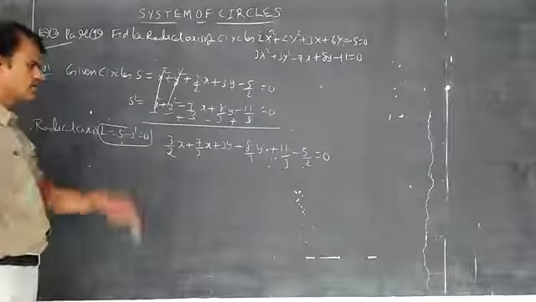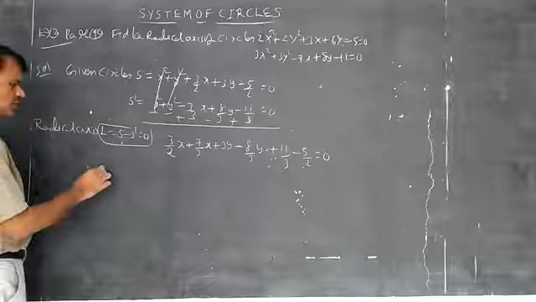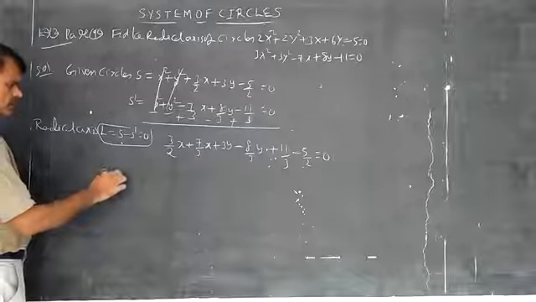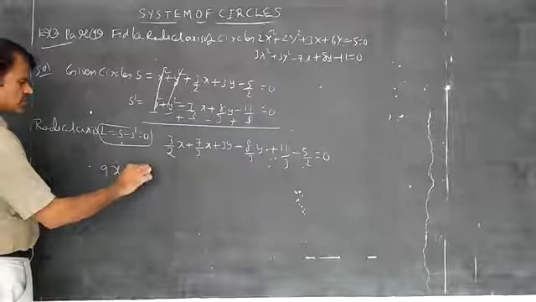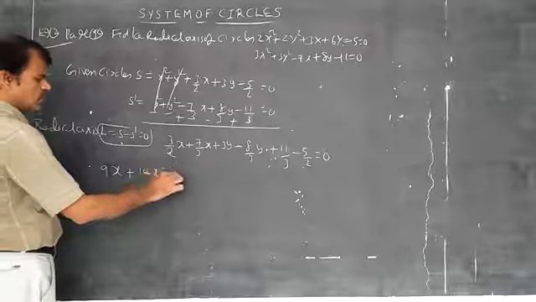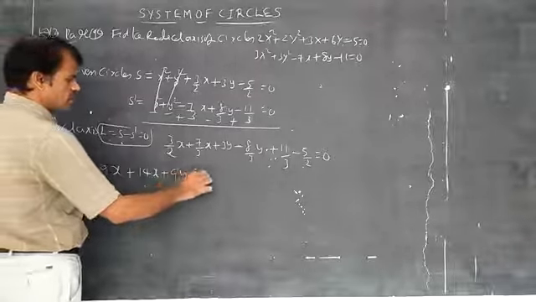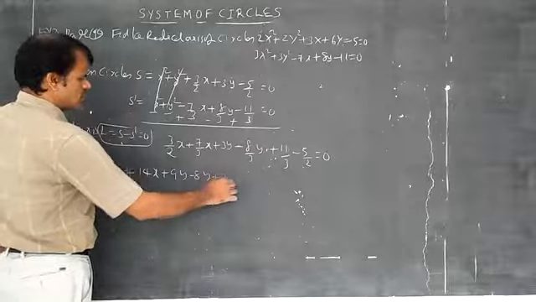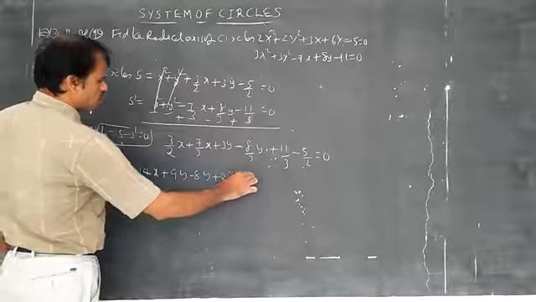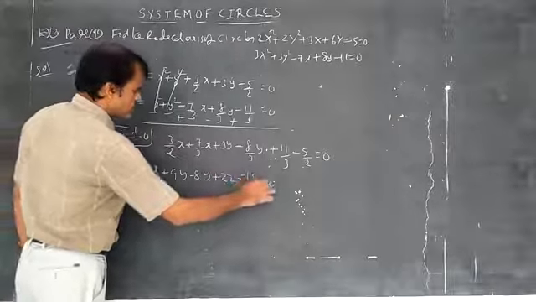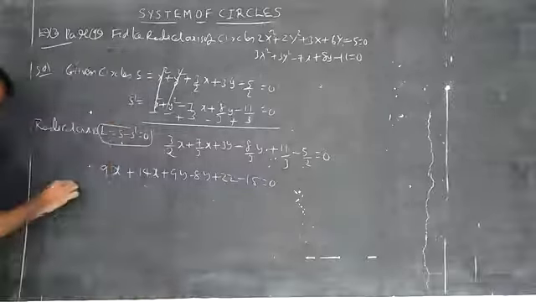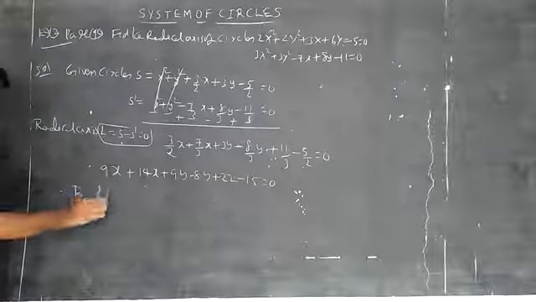By taking the LCM for all the terms, 6, it becomes 9x plus 14x, plus 9y minus 16y, plus 22 minus 15 equal to 0. Therefore, you can write it as a radical axis.